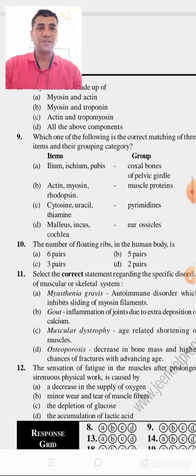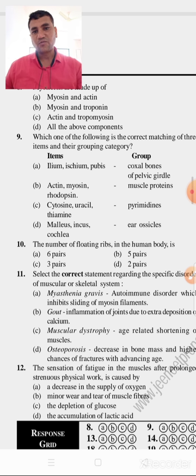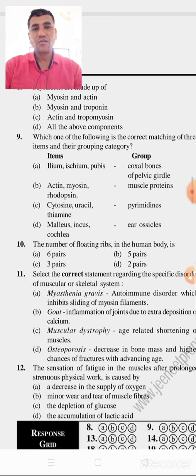The ninth one: when you see ilium, ischium, pubis, these are the fused bones present in the coxal region of the pelvic girdle. Actin, myosin, rhodopsin: rhodopsin is a pigment present in the eye. Cytosine, uracil and thiamine are pyrimidines, but thiamine is a vitamin, so it is a wrong option.